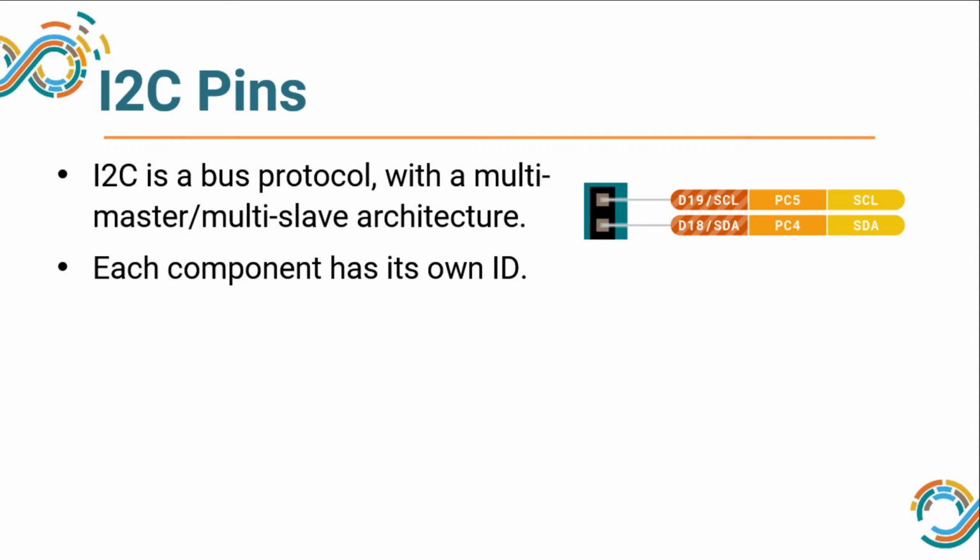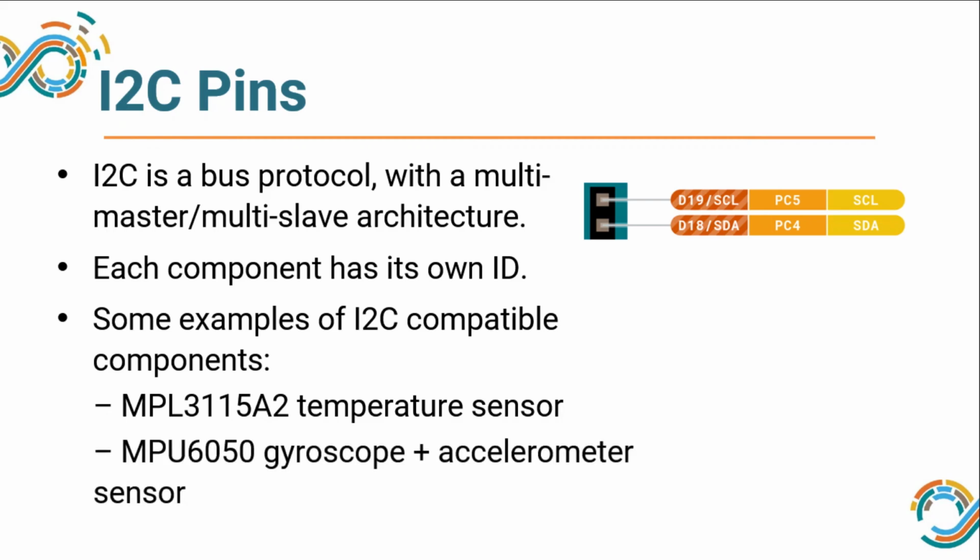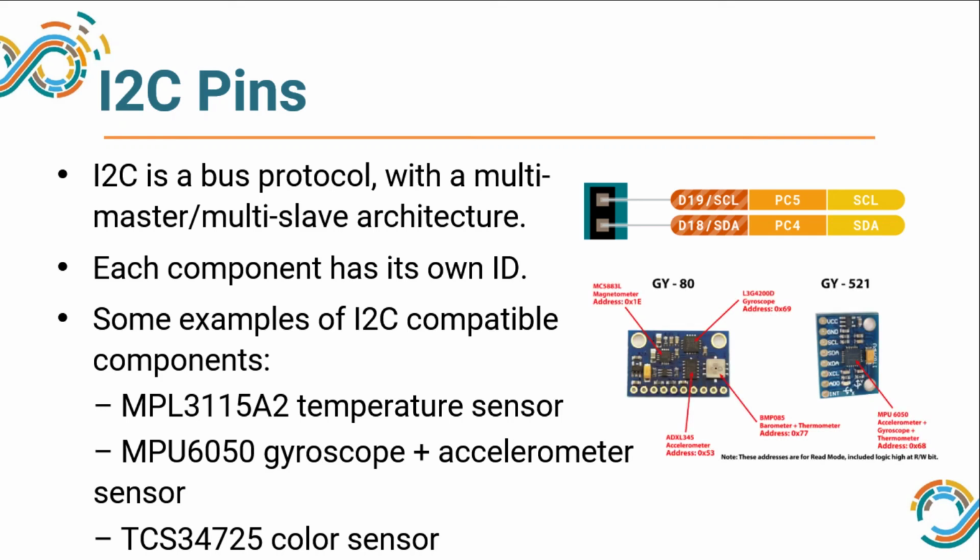Every component will have its own ID, and some of the components that support I2C communication are a temperature sensor which is MPL 3115A2, a gyroscope or accelerometer which is MPU 6050, and color sensor TCS 34725. So this is how we use them. These sensors will be given a particular ID and we will connect them on these pins and we can access them using I2C protocol.